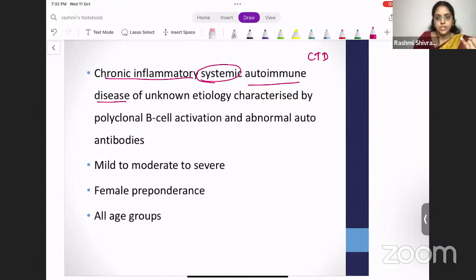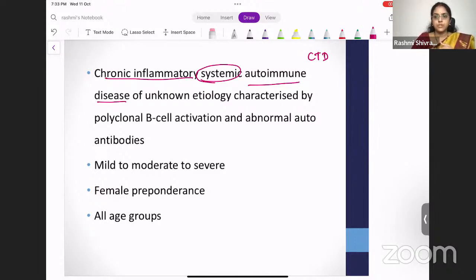In this, both B cells and T cells are involved, because of which autoantibodies are formed. These autoantibodies form immune complexes, which then deposit and cause the damage. So this is a chronic inflammatory systemic autoimmune disease.